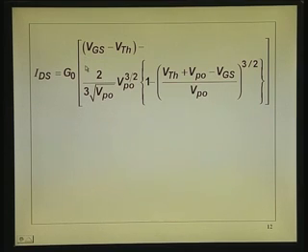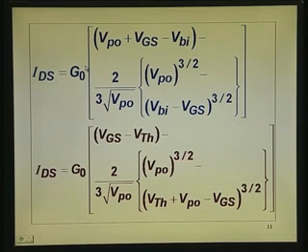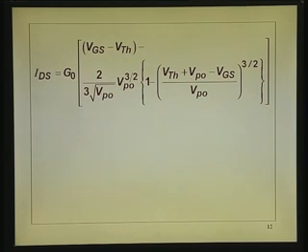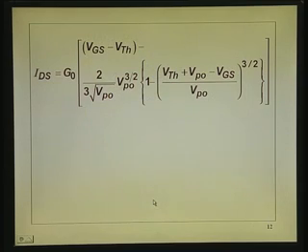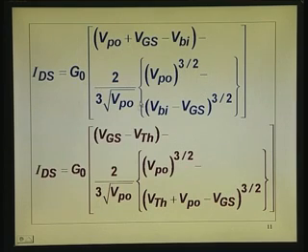First term is the same, second term 2 by 3 root of Vp0. I pull this out, and then it becomes 2 by 3 root of Vp0 into Vp0 to the power 3 by 2 into 1 plus 1 minus whatever is there. Once again, I pull this out, so I will get 1 minus this whole thing divided by Vp0.